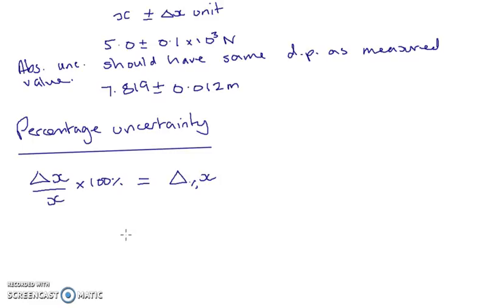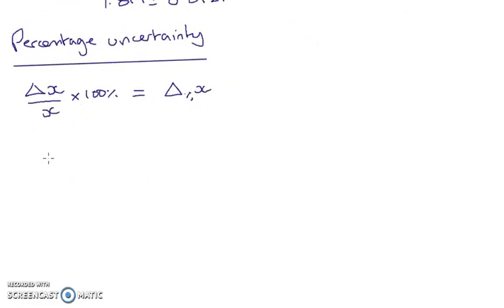What we really need to do is, if we have a value and a percentage uncertainty, so if I had a value of 10 meters with a percentage uncertainty of 10%, what I need to do is convert back from a percentage uncertainty to an absolute uncertainty in order to express my final answer.